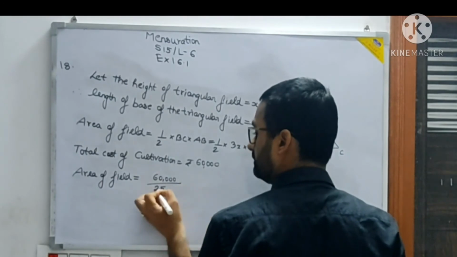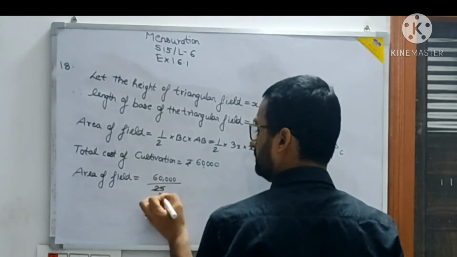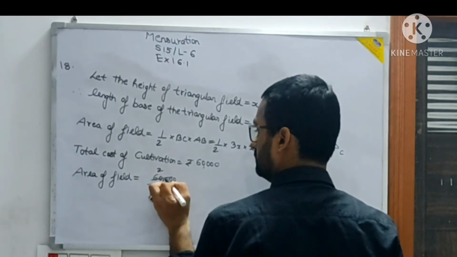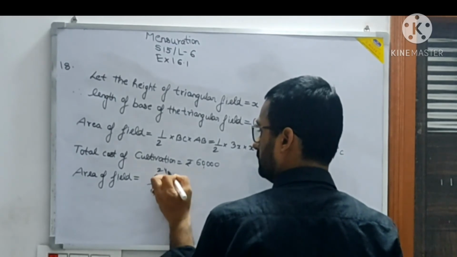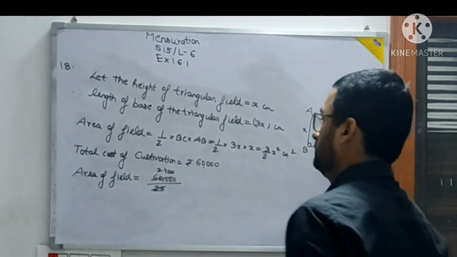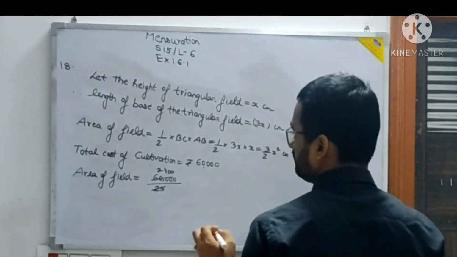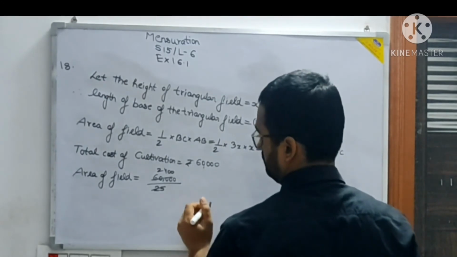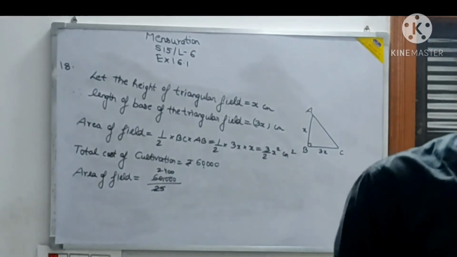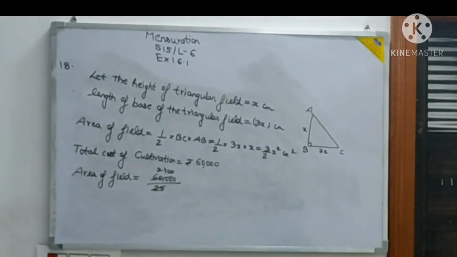So you divide, we will get 2400. See, 60,000 by 25, how much have we got?